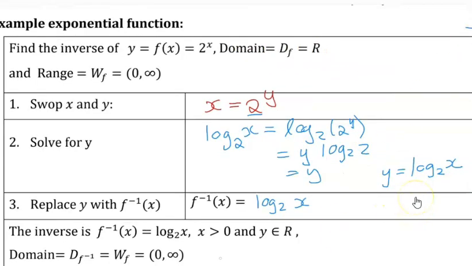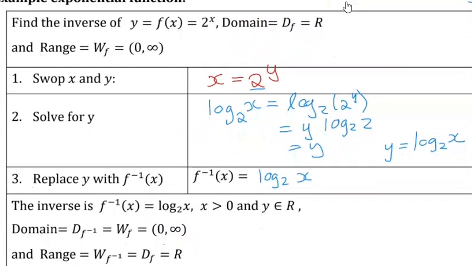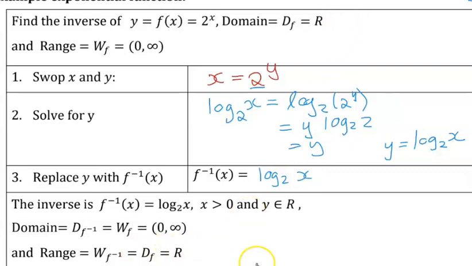And we know that since the x and the y swap, if the y cannot be less than 0, then in this case the x can be only from 0 to infinity. And since the x can be any element of the real numbers, now the y can be any element of the real numbers.